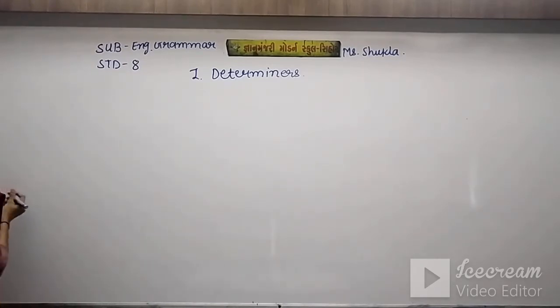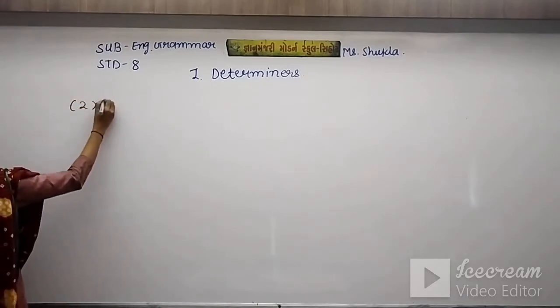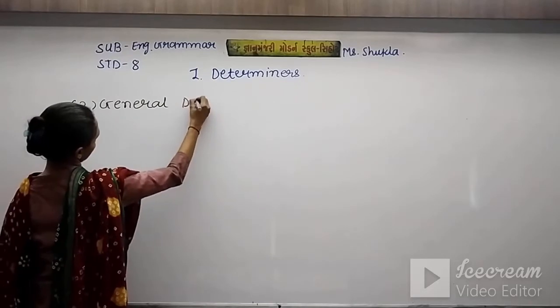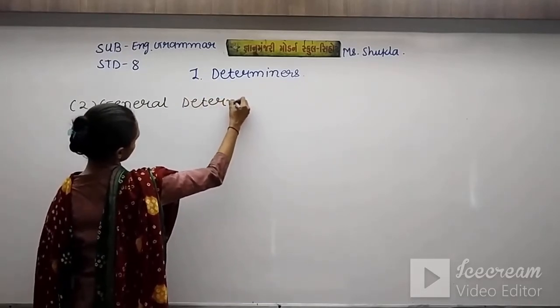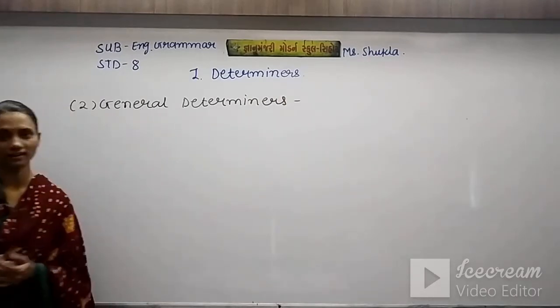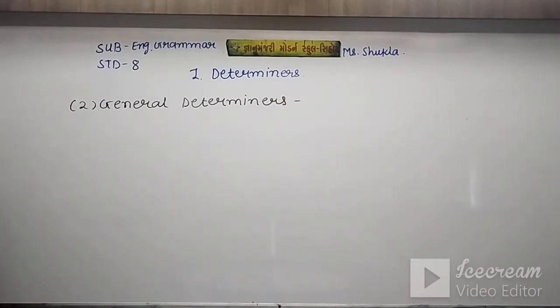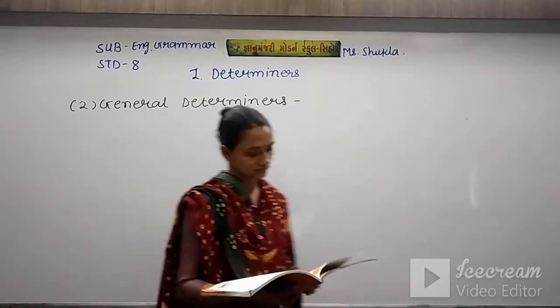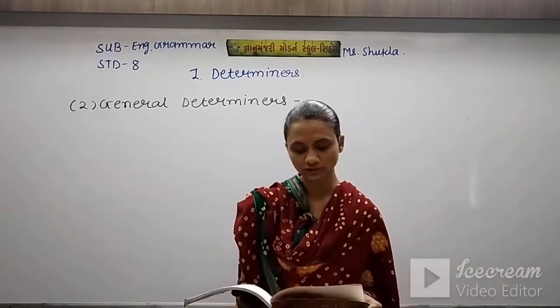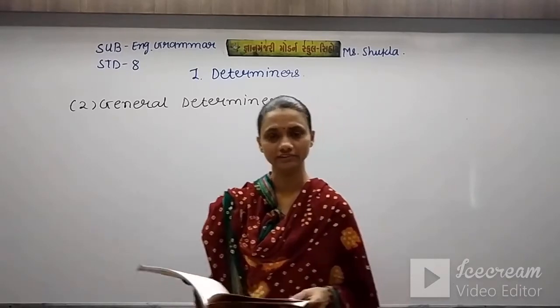Now the second is general determiners. Let's see what general determiners are. General determiners are used to talk about people or things in a general or in an indefinite way.